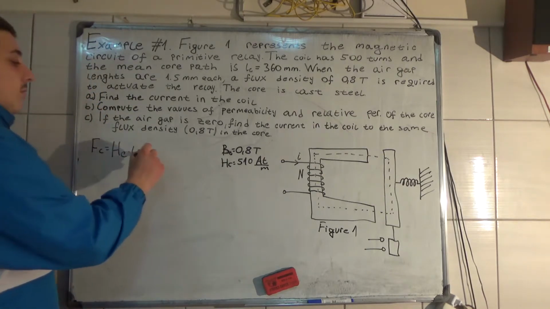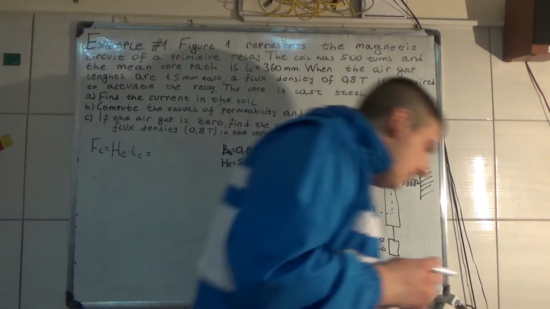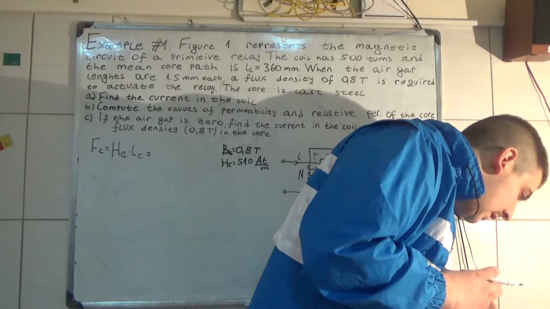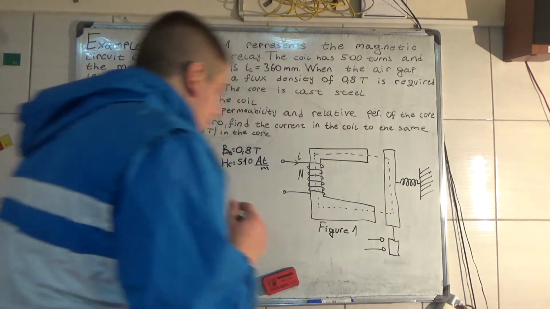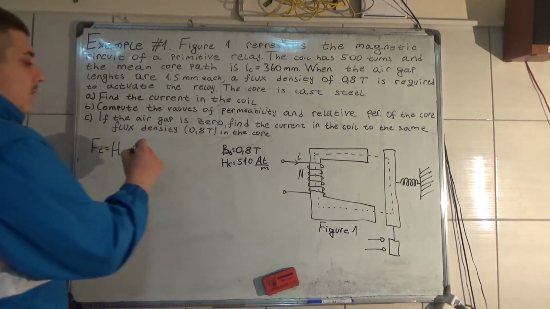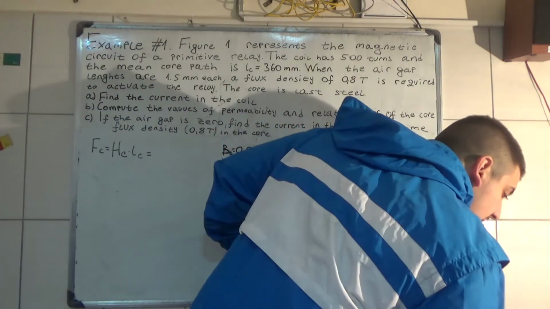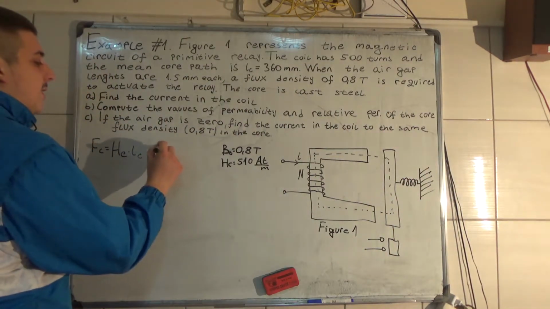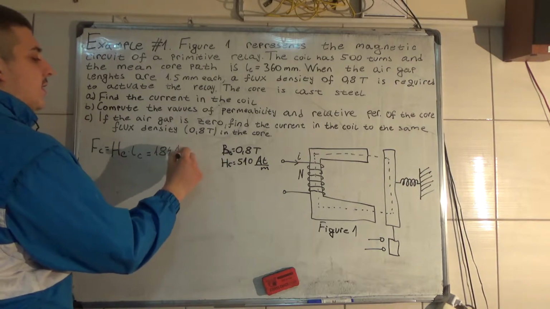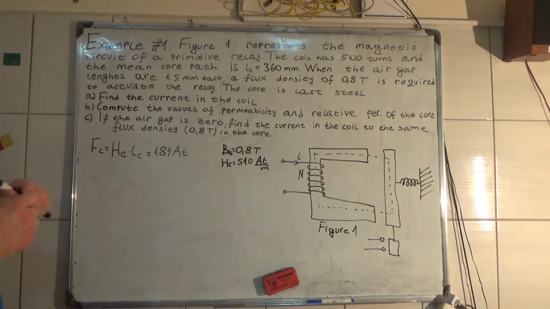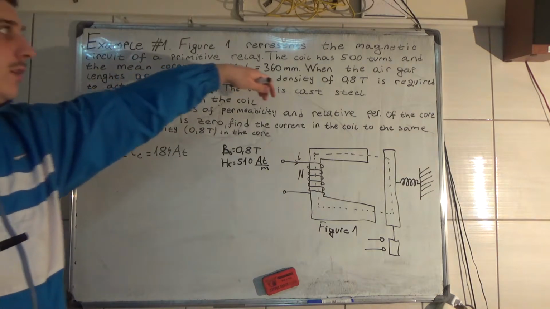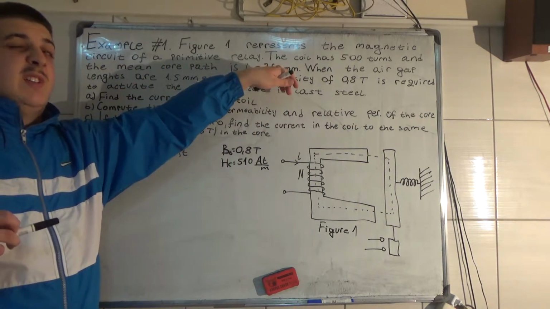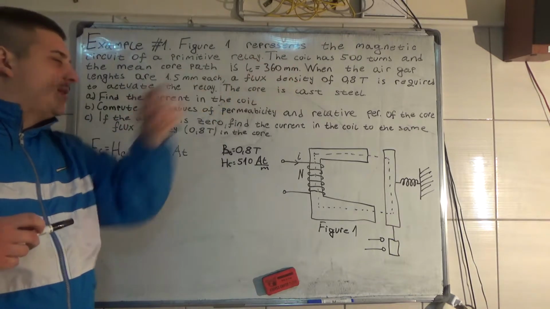And this is equal to 184 ampere turns. When you do this, you have to bring this to the basic units, so this would be 0.36 meters.